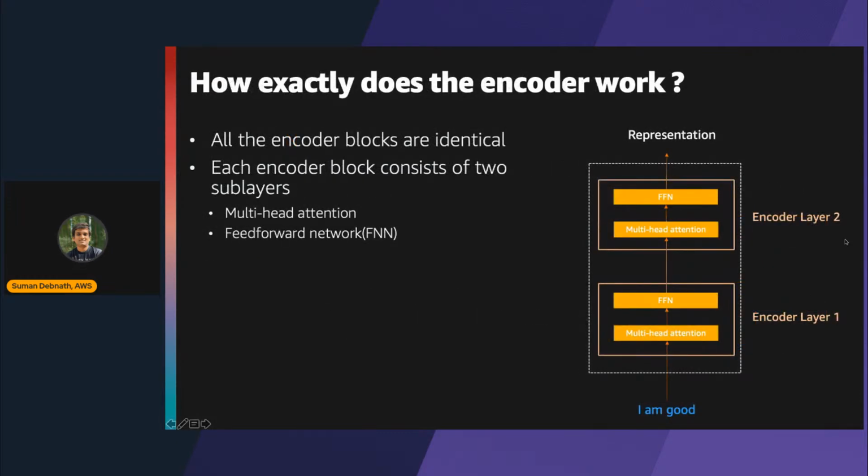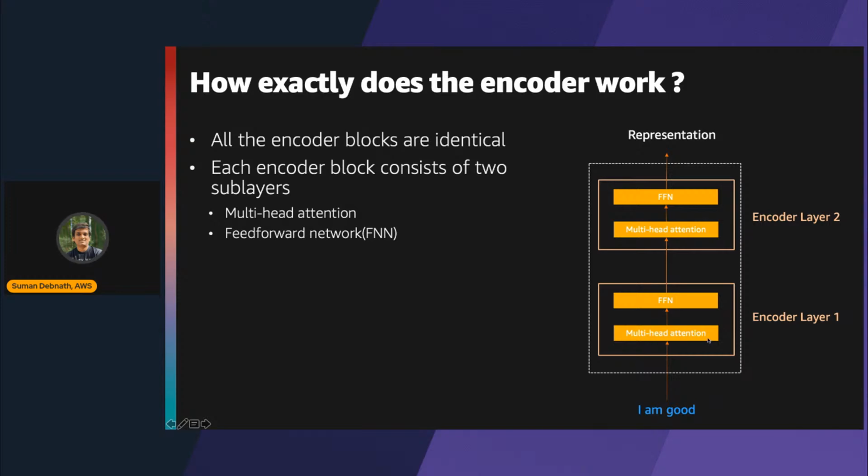If you see inside the encoder layer, we have 2 blocks. One is multi-head attention and another is a feed-forward neural network. The feed-forward neural network is a standard, fully connected neural network, so nothing fancy about this. But this is where things get interesting: we have something called multi-head attention.